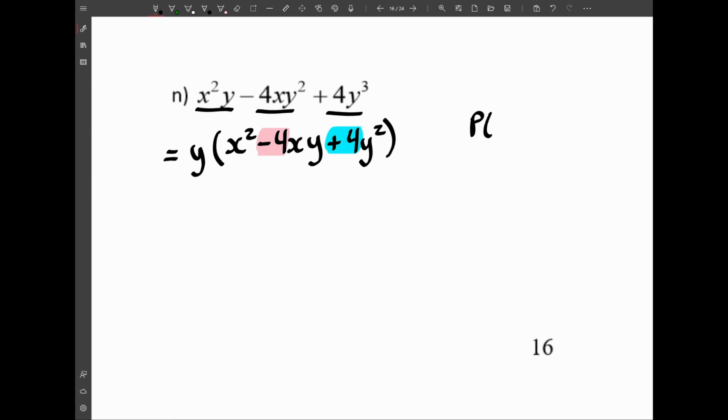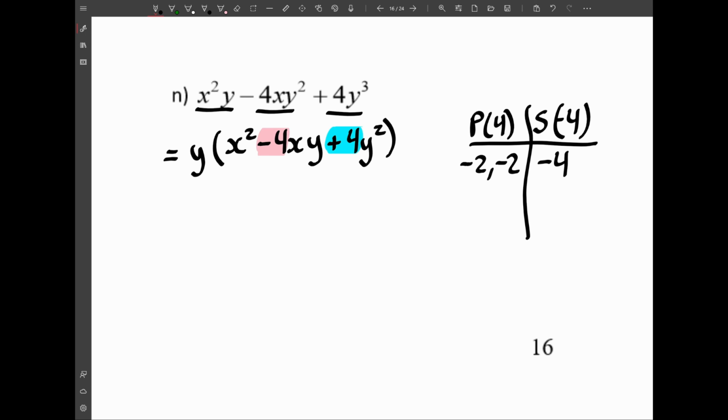Now we're looking for a product of positive 4 and a sum of negative 4. Well, product of positive 4, we know both numbers have to be the same sign. In this case, they both have to be negative 2. That gives us a sum of negative 4, but a product of positive 4.